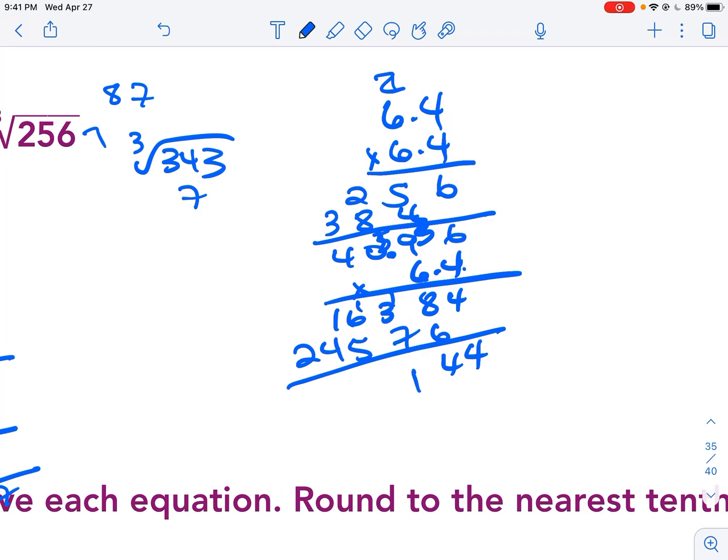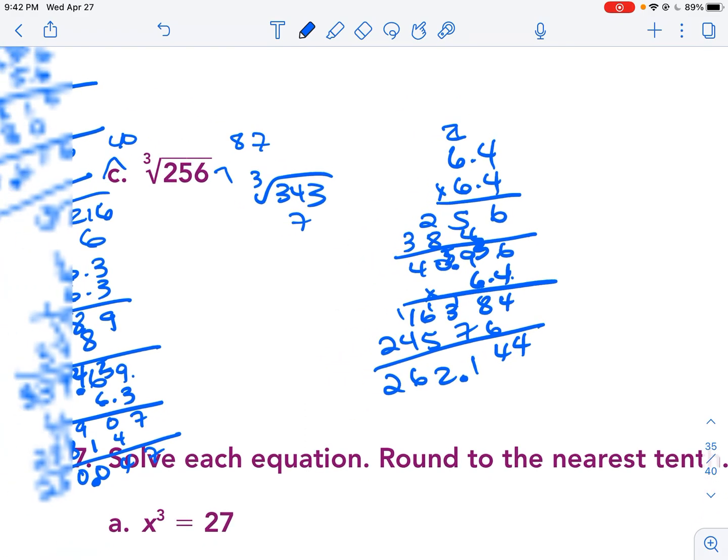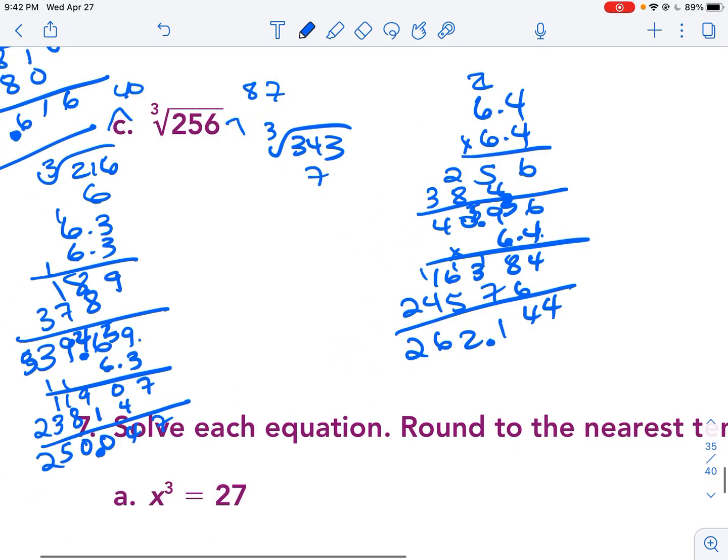So this is 4, this is 4, it's 11, this is 12, that's 6, that's 2. Let's see. This is 250, this is 262. This is almost 6 away. This one, ooh, these are really close.